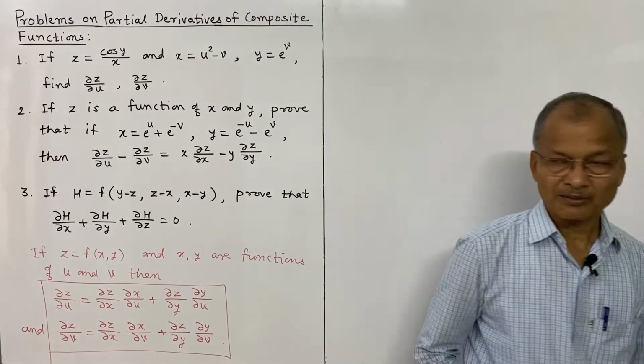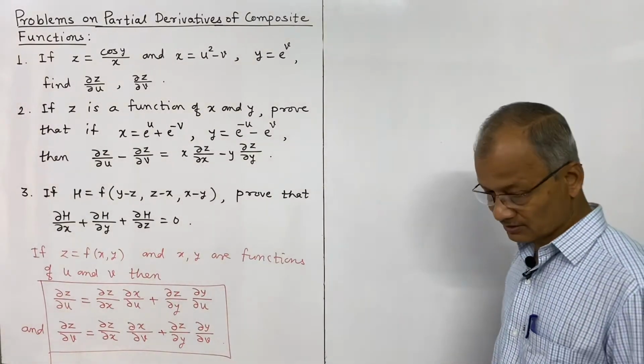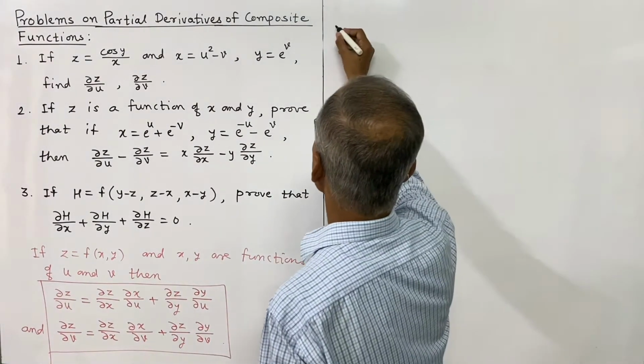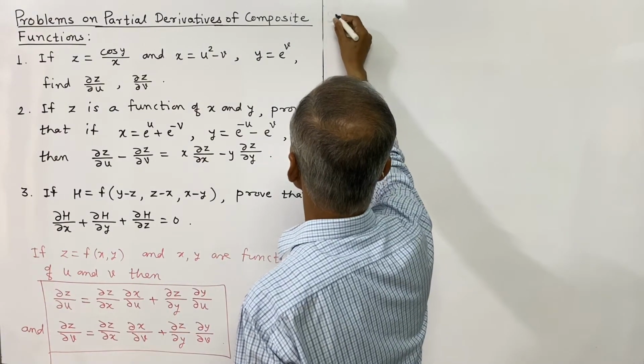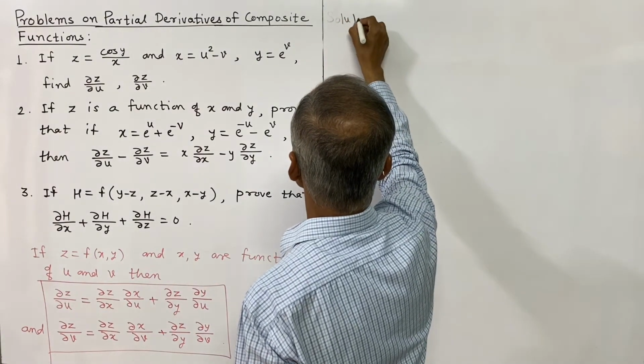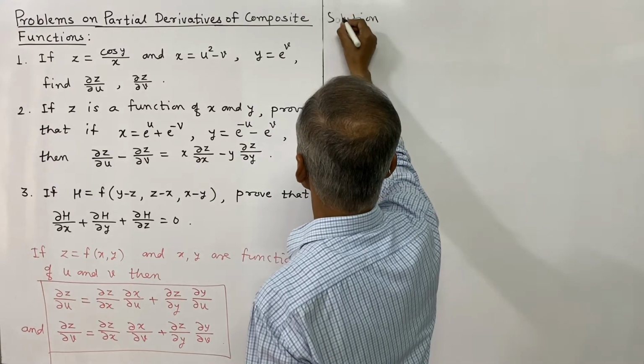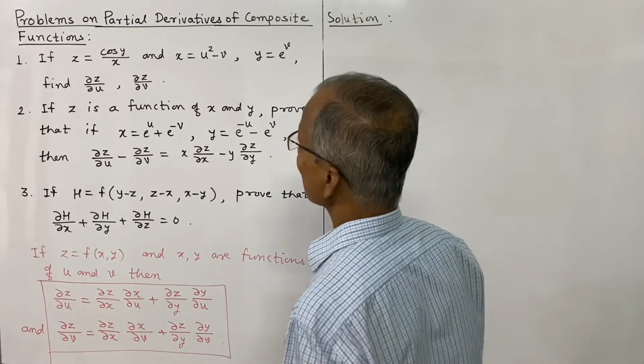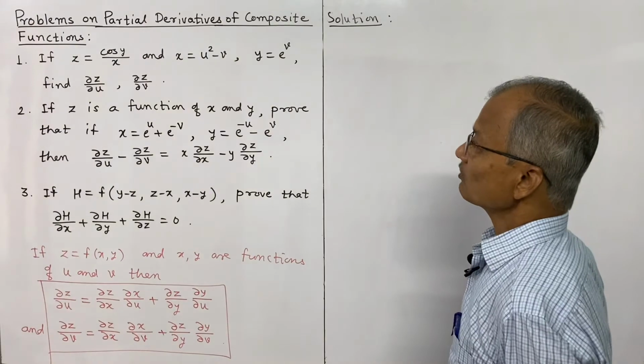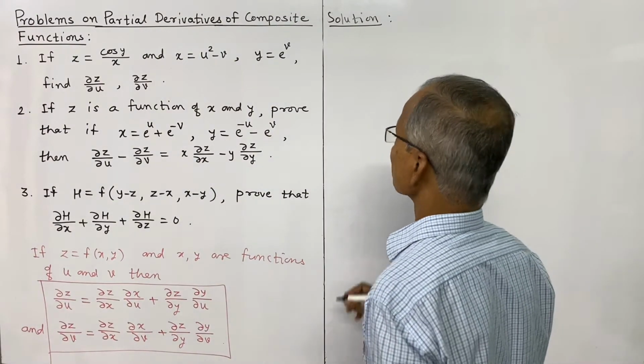Now I have written some problems here. We shall solve these one by one. Solution for the first. It is given z is equal to cos y divided by x.